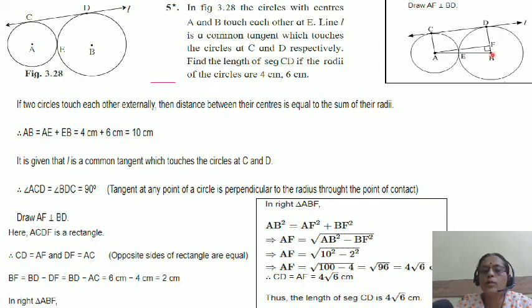AB square is equal to AF square plus FB square. Solve this. You have the value of AF as root 96. So the length CD is equal to length AF, which is equal to 4 root 6.